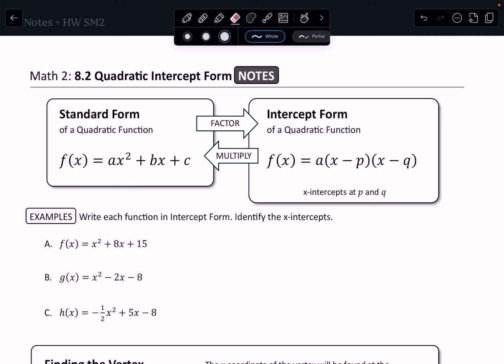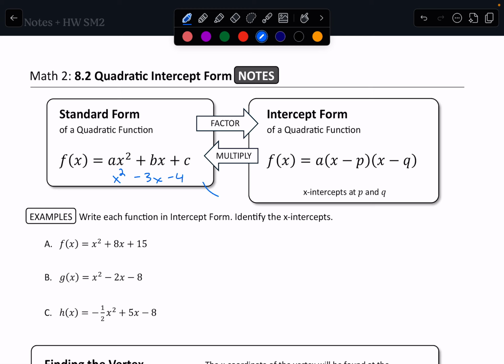Now, what we've done in previous classes is we've taken a standard form quadratic, like x squared minus 3x minus 4, and we have factored that to change it from having x squared and x alone into parentheses.